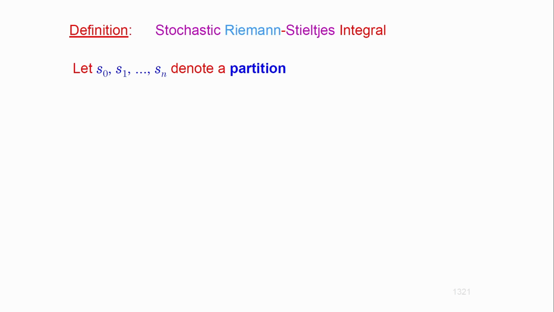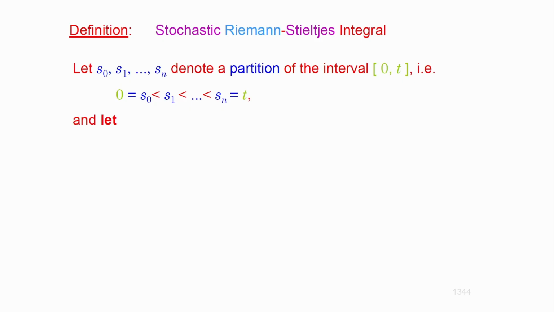So there is a Stieltjes version, and again, it always starts with a partition, and you have seen that definition already, so I'm not going to elaborate on that much longer. What I want to stress here is that I'm going to put my considerations on the basis of Wiener processes only.